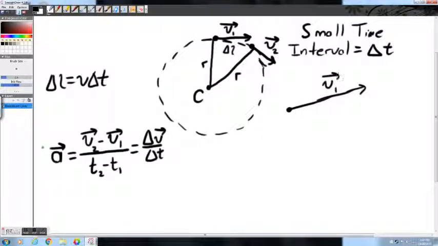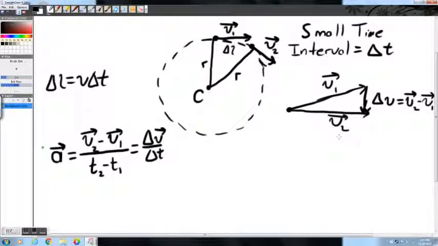So we can write that v1, v2 are two sides of a right triangle, and the third side is their vector difference, delta v, and it is directed along the radius or towards the center of the circle.